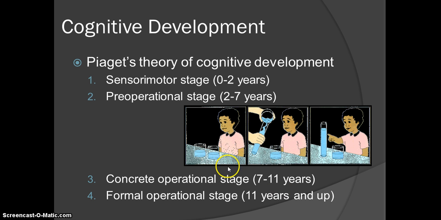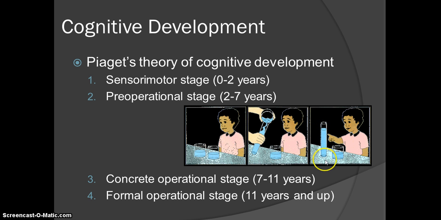So what happens here? You sit a child who hasn't reached the age of 7 yet in front of 2 beakers that are the same size and have the same amount of water in both of them. Then you take one of the beakers and pour the water into a longer, taller one, and set it in front of the child.